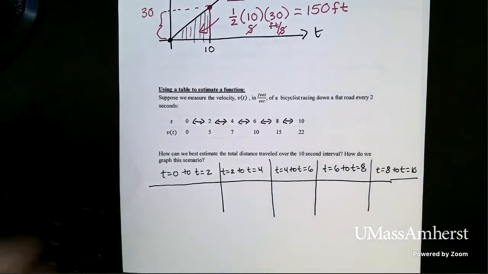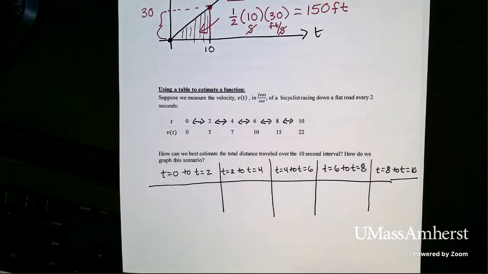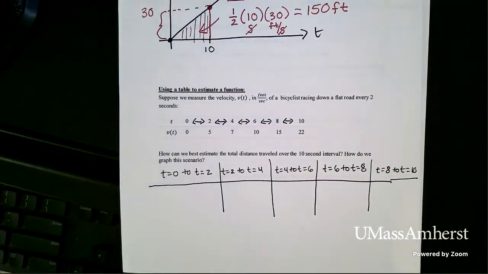So we've broken these down into these 2-second intervals that we're going to evaluate. And the reason that we're breaking these down is because for each interval, we are going to assume a constant rate, because that is something we know how to work with from our first couple of examples.